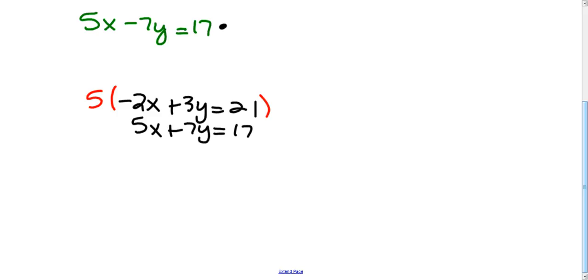When I multiply that top equation by 5, I get -10x plus 15y equals 105. I'm going to multiply the bottom equation by 2.